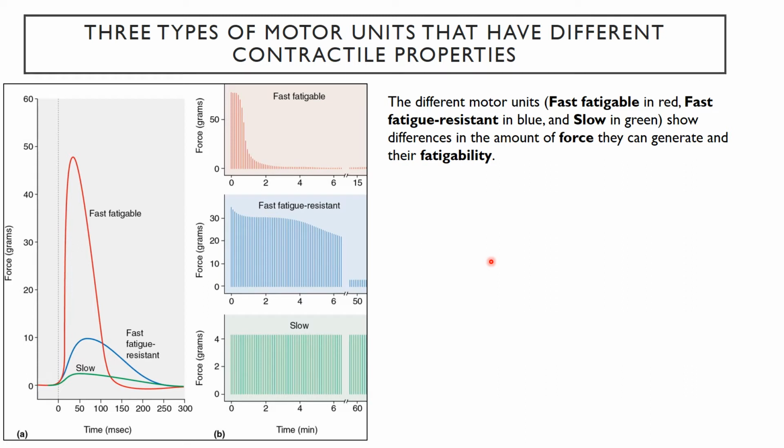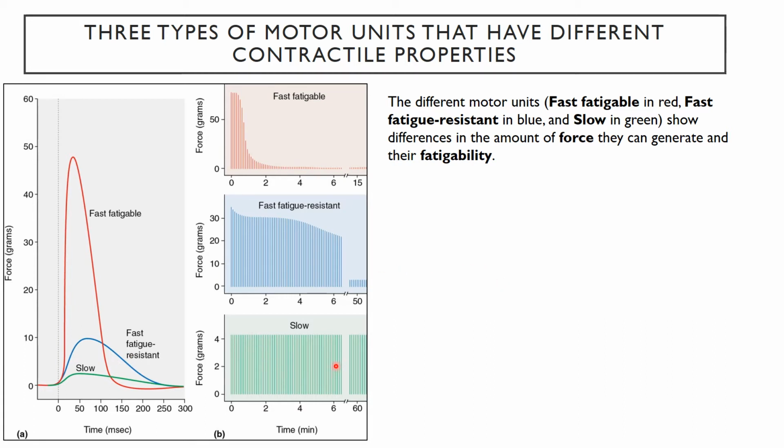There are three types of motor units, and they have different contractile properties because they're used in different ways. The three types are fast fatigable, that's shown in red, fast fatigue resistant, that's shown in blue, and then slow, which is the green.